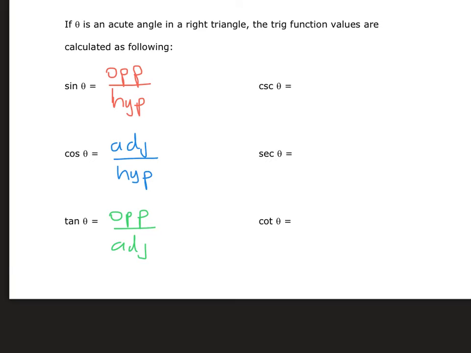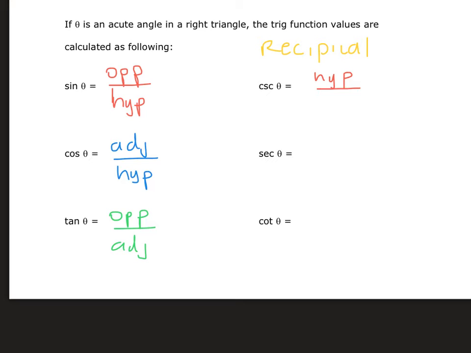Now the other three trig function values are the reciprocal values. So we can think of that as how we think of reciprocal in other settings. We're just going to flip the ratios that we have for the main three trig functions.